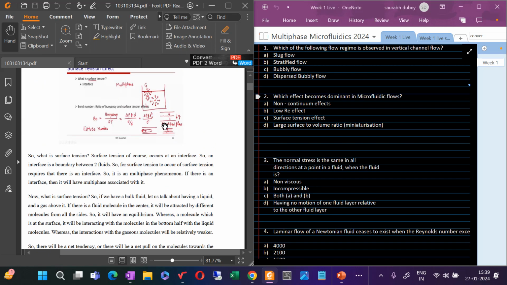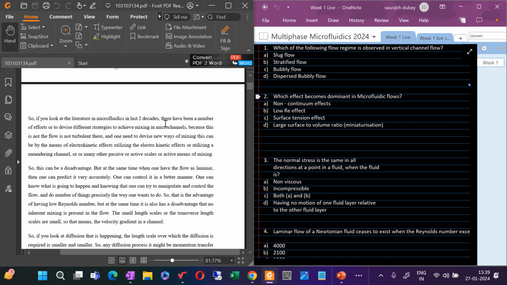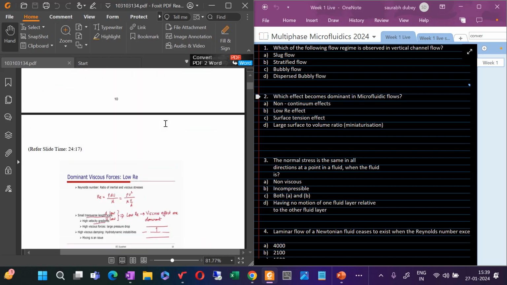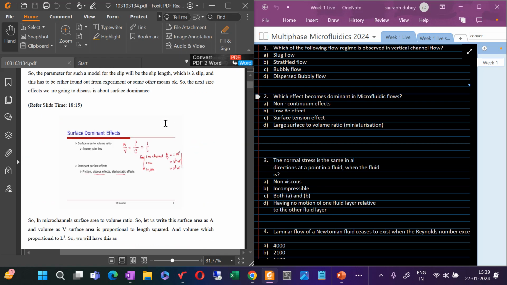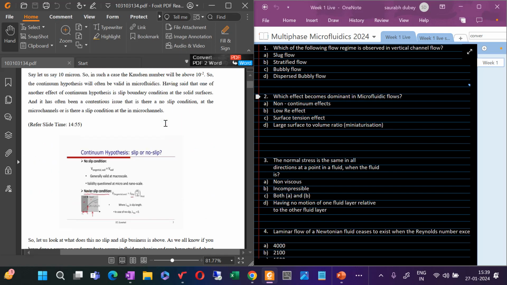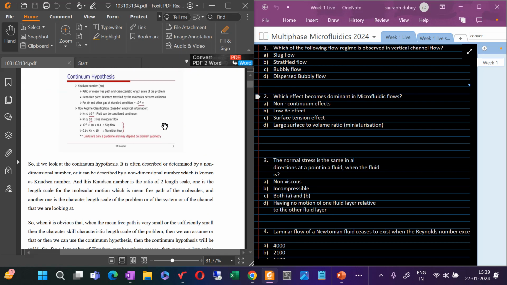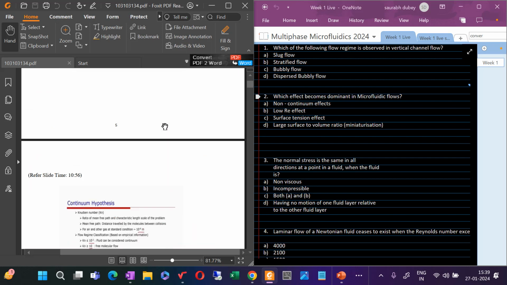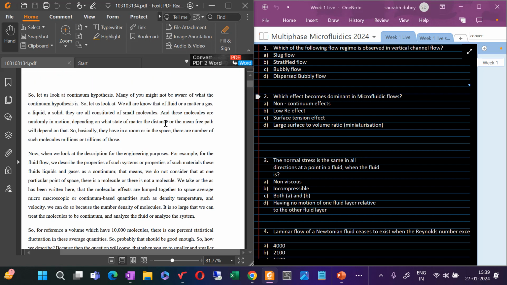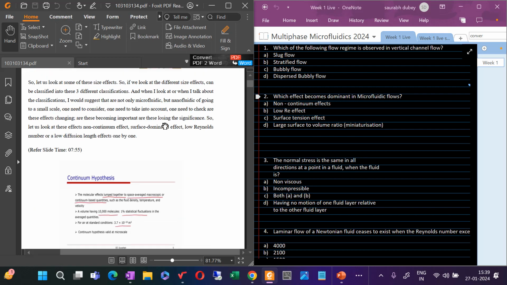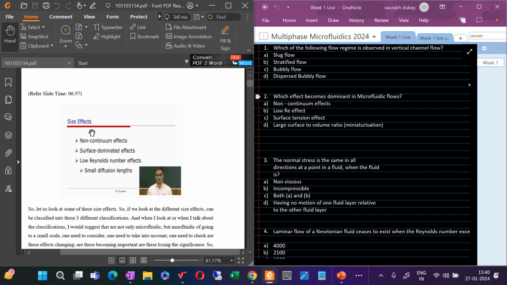But in the lecture, sir has also written non-continuum effect. So non-continuum effect we are considering, or actually in the microfluidic it is mentioned somewhere that this continuum hypothesis is valid. But that's why the size effects are what?